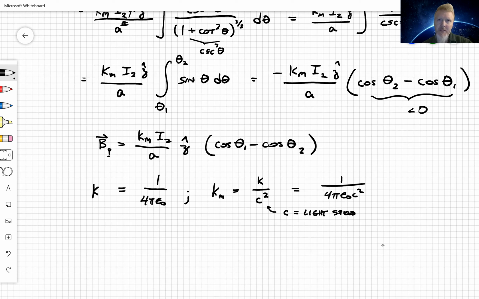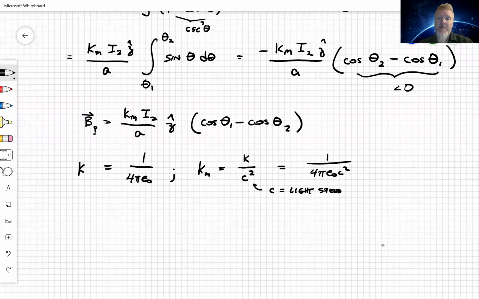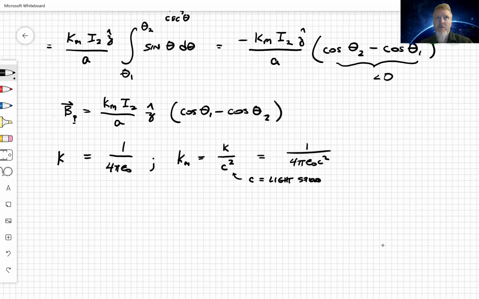I personally am chock full of constants, so I don't need another constant, but you can have another one if you like. If you read about this in a textbook or follow someone else's, they'll refer to another constant which I haven't introduced here, and that constant is called mu naught.